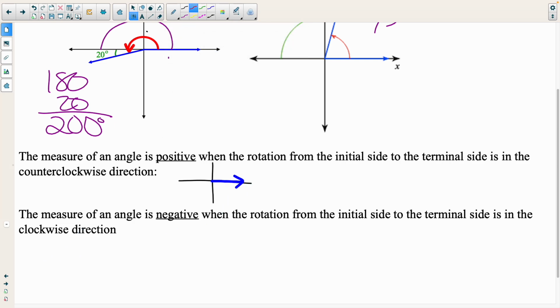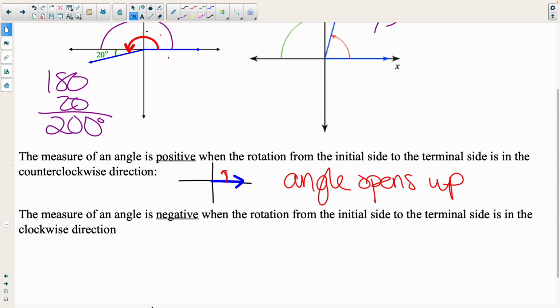If the angle opens up, then that is going to be a positive angle. So if the angle opens up, it's positive. Yes, that's counterclockwise, but it's a little easier to consider whether that arrow is going up from standard position.